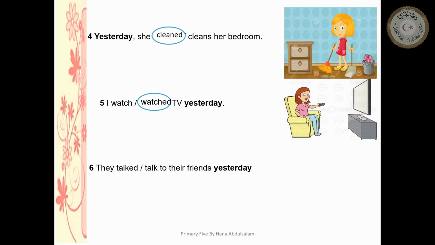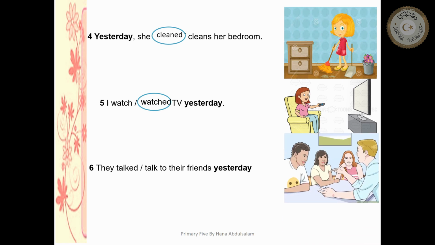Number 6. They talked to their friends yesterday. Okay, which one? So, what kind of verb is this? It is a regular verb. We add ed because it's a regular verb and it is in the past. How do you know it's in the past? Because of yesterday.